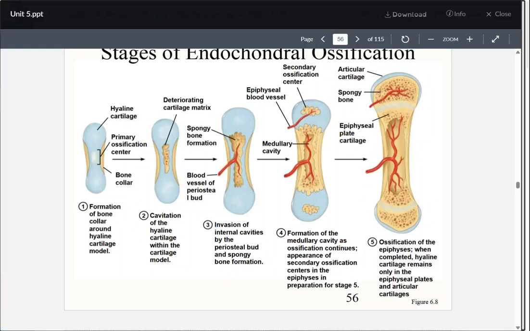So here you have a visualization of that formation of the bone collar, deterioration of the cartilage matrix, blood vessels invading, transforming it into spongy bone, extending towards the epiphyseal plates, where we will get secondary ossification centers at each end, and eventually the epiphyseal plates will end up becoming ossified as well, and we'll have all bone.